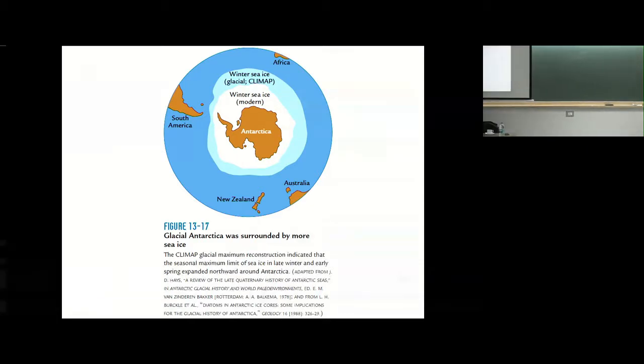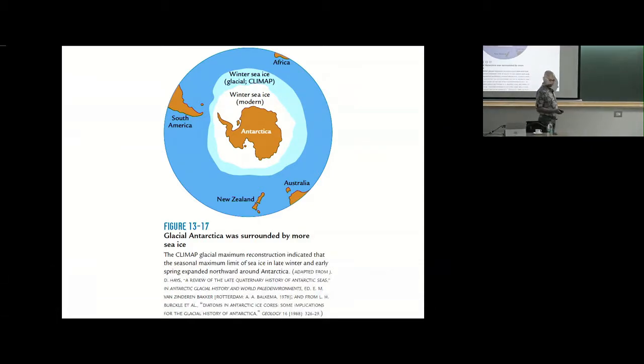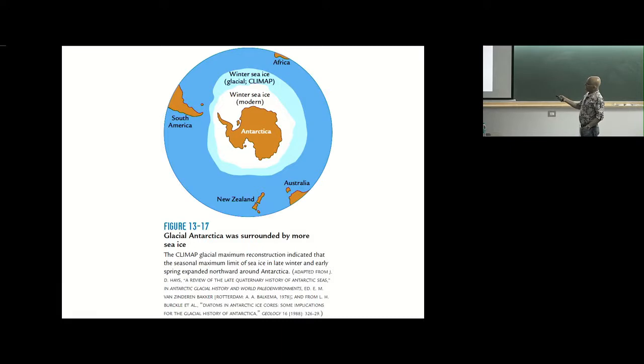As you can expect, cold waters, cold air temperatures, so you will be losing lots of heat. Wherever you have sea ice, it acts as a very good insulator for the ocean. So once you form sea ice, then it's very hard for the ocean to lose more heat, right? It gets insulated from the atmosphere.